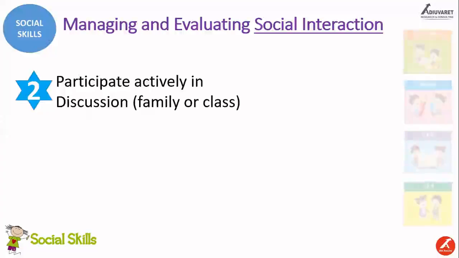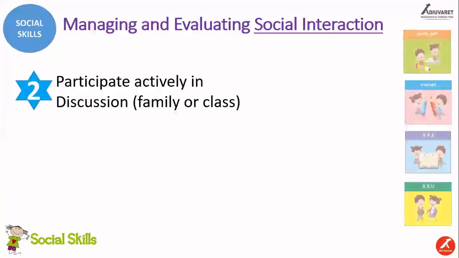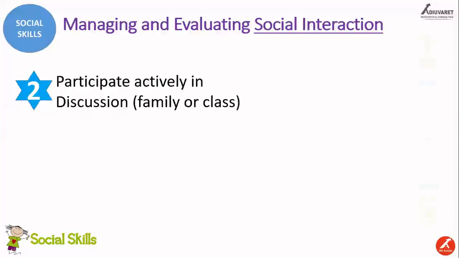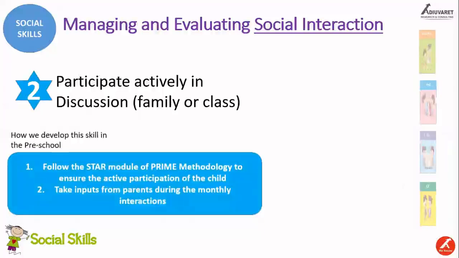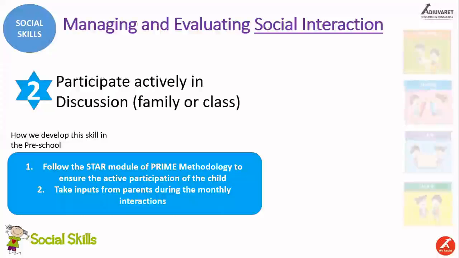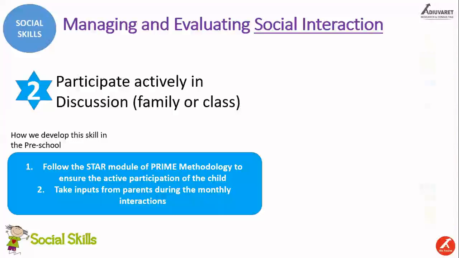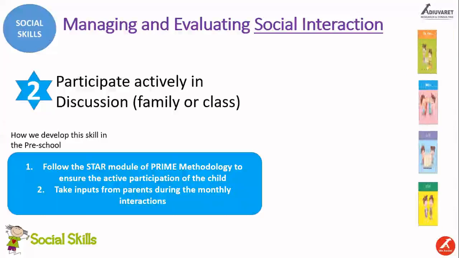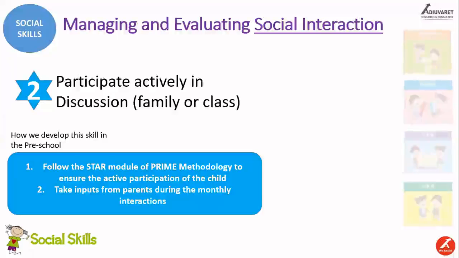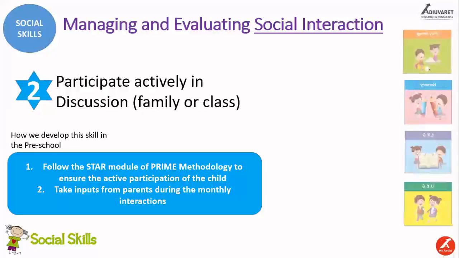For that purpose, the child needs to be trained to be skillful as an extrovert. So what we need to do to build this skill, if you look at the Adiuvaret Kids Prime methodology, is that we have a module called the STAR module. Under the STAR module, the first A stands for spend maximum time with the child.